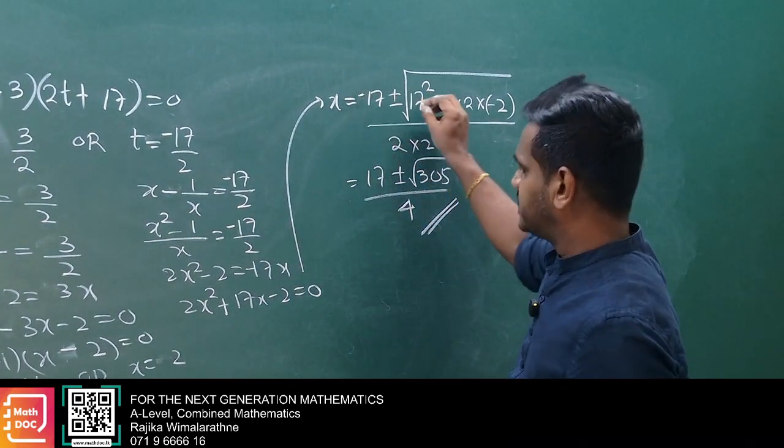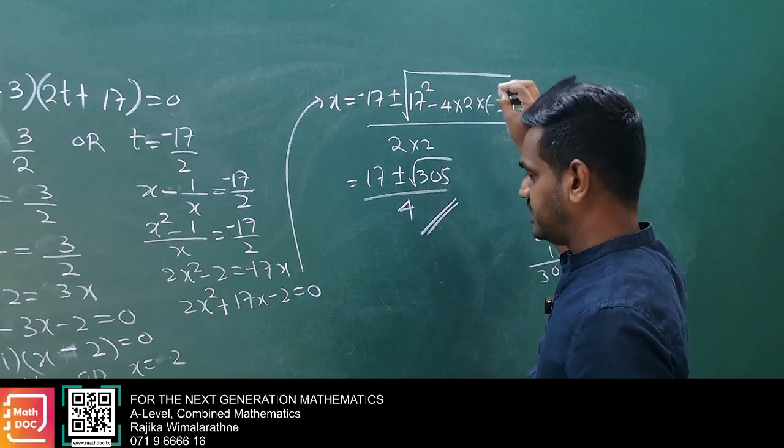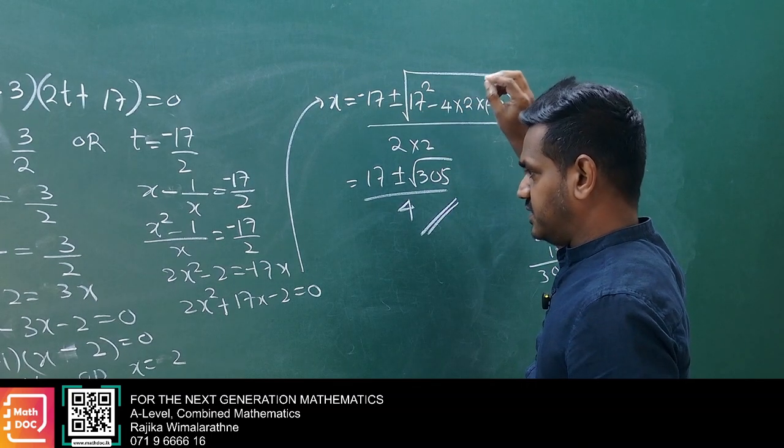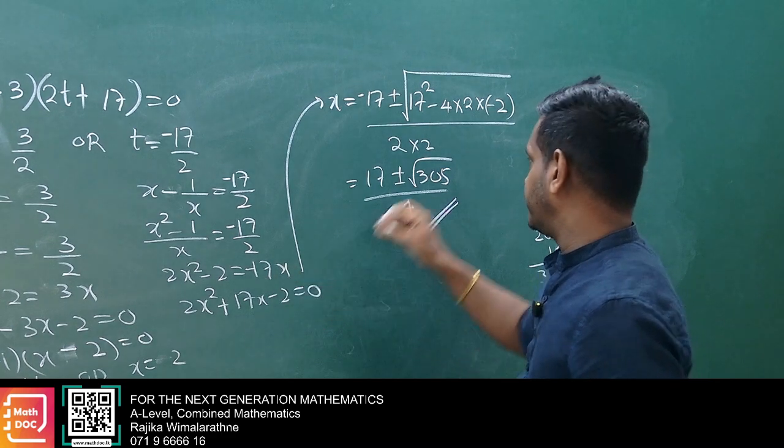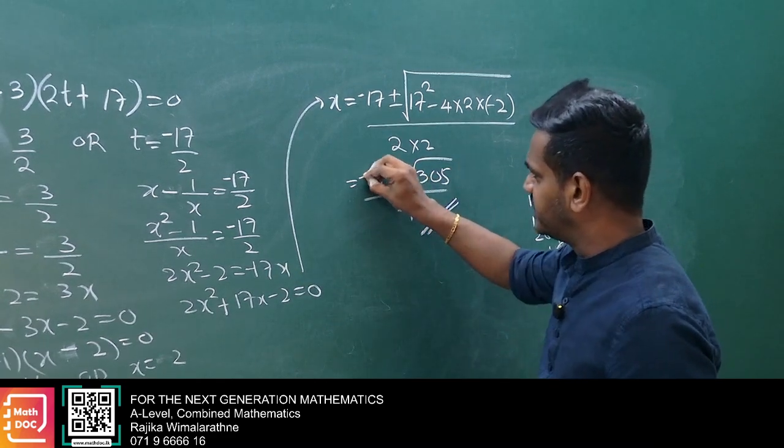Minus b plus or minus root of b squared minus 4ac, divided by 2a. This is okay. Minus 17.